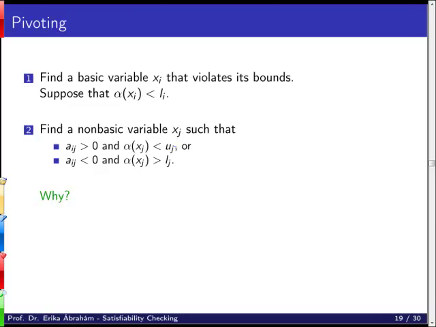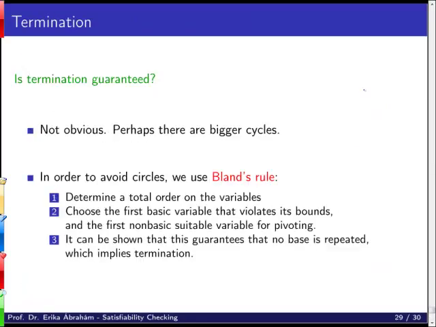The upper bound case is completely analogous. So now we have this variable xi. This violates its lower bound, so I will have to increase its value in order to satisfy the inequation. So I will search here for another variable, a non-basic variable xj.